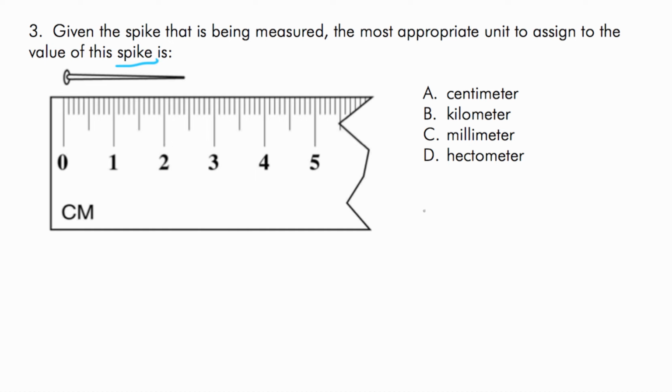And if I think about my knowledge of the units, it goes K, H, D, and then the base unit, then D, C, M. Smallest being millimeter, and then biggest being the kilometer, and then let's think, hectometers don't really get used all that often, but that's like the second largest.